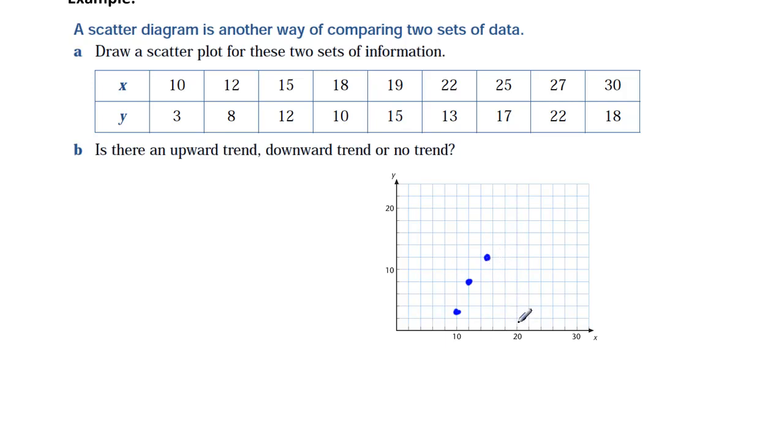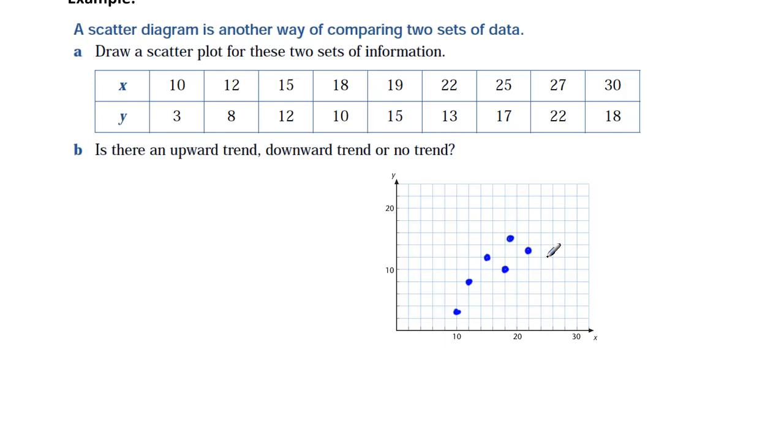Now you notice it's not a straight line, but you'll see what happens in a moment. 18 and 10, there's 18 and there's 10. Now it's definitely not a straight line. 19 and 15, 19, and there's 10, 12, 14, 15. 22 and 13, 22, 10, 12, 13. 25 and 17, 24, 25.